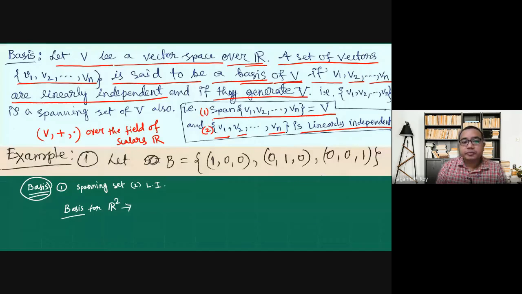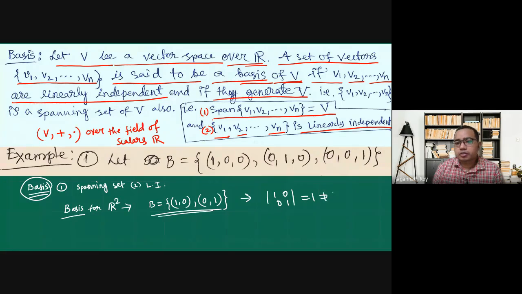Now, if you think about the basis for two-dimensional space, what will we have? B equals (1, 0), (0, 1). It is linearly independent, we have seen it. Given these vectors, the determinant is non-zero, so they are linearly independent.